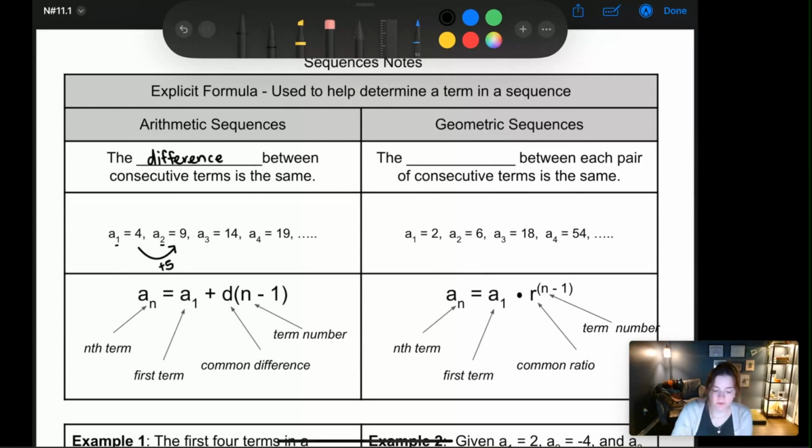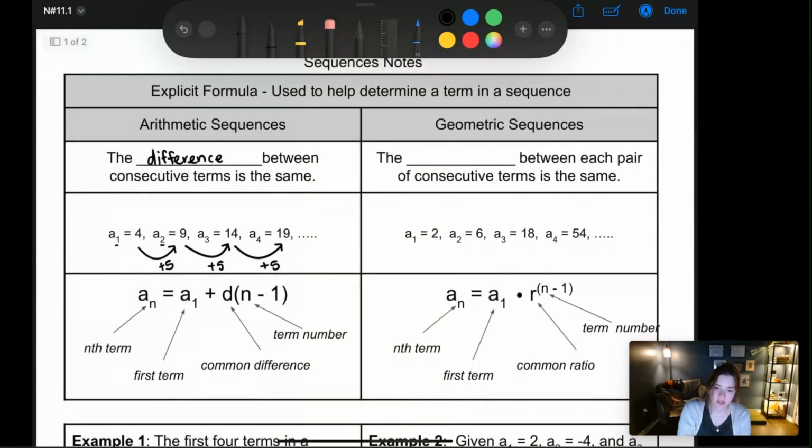If this is an arithmetic sequence, I should be adding 5 every time, so let's check. If I go from 9 to 14, am I adding 5? Yep. If I go from 14 to 19, am I adding 5? I am. Perfect. So this is an arithmetic sequence because I have the same difference between each term.